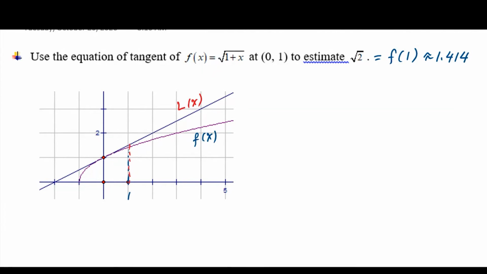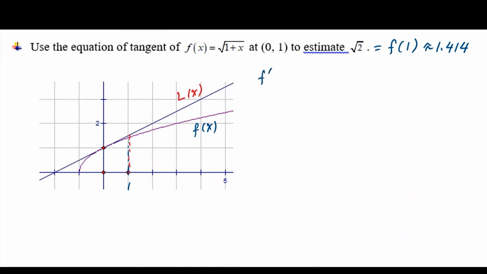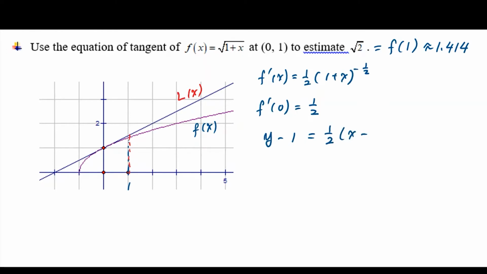For that, we take f prime of x, which is 1/2 times 1 plus x to the negative 1/2 power. Y'all good? Then we evaluate this at 0, which will give us 1/2, right? Too much algebra? Okay, point slope form. So we have y minus 1 is equal to your slope, and then x minus 0.